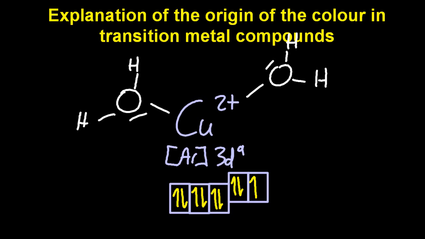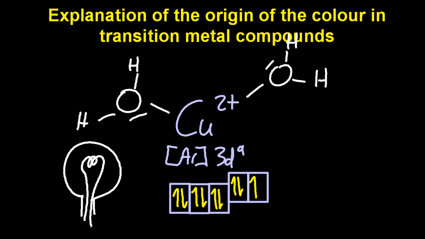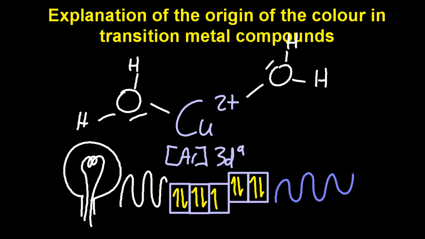And now, when multi-wavelength visible light comes in, some of it will be absorbed by promoting an electron to a higher level. Since energy has been removed from that white light to do that, the light that comes out the other end won't be white. In this case, it will be blue.